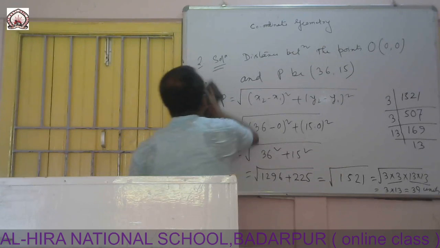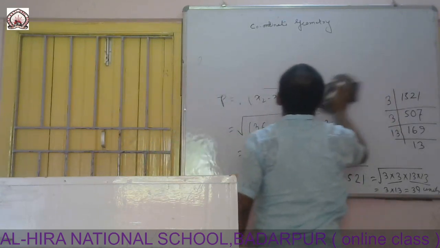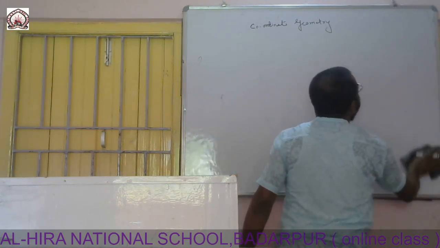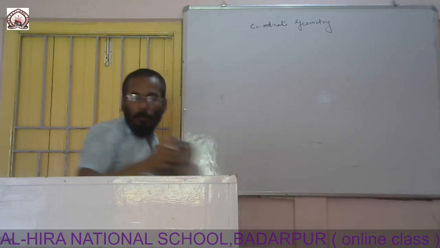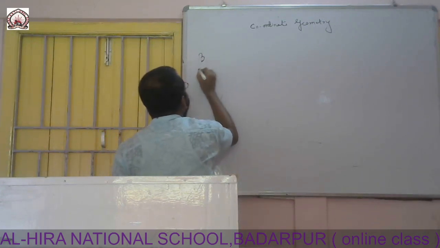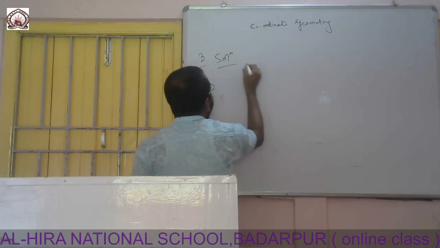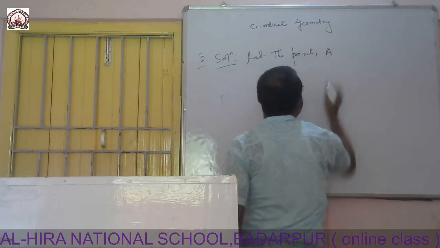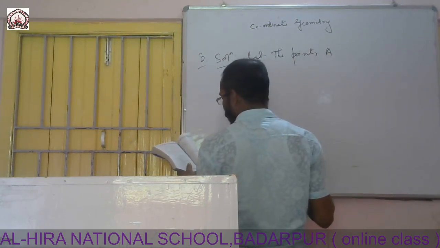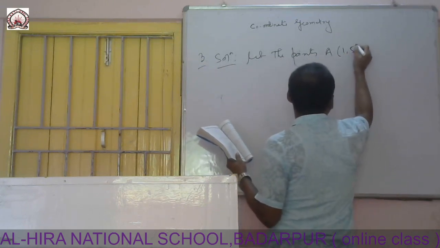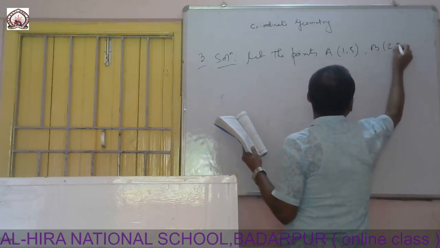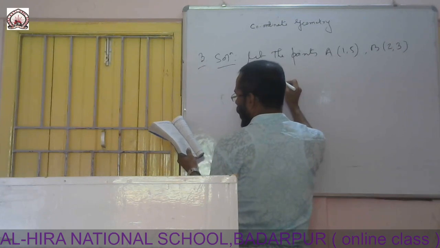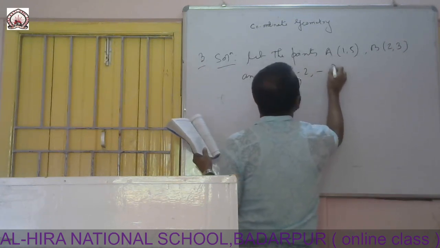So question number 3. First we write the solution. Let the points be A (1, 5), B (2, 3) and C (-2, -1).